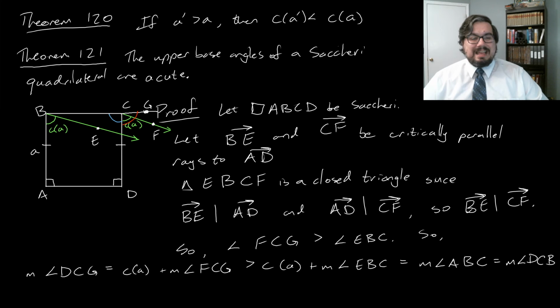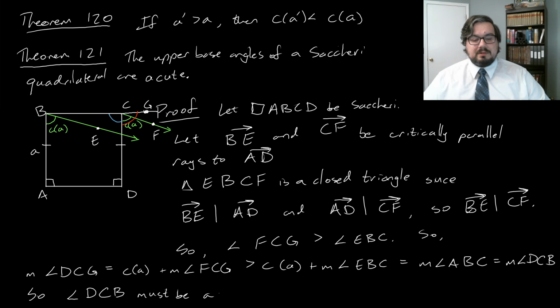So since the angle DCG is greater than the angle DCB and they form a linear pair, that tells us that angle DCB must be acute. And so that tells us that in a hyperbolic world, rectangles don't exist.